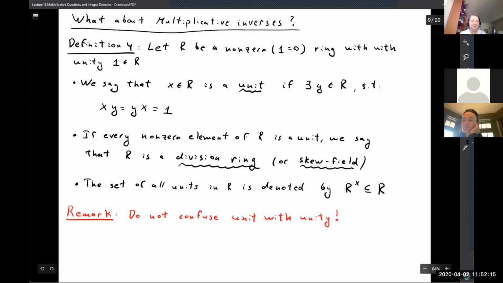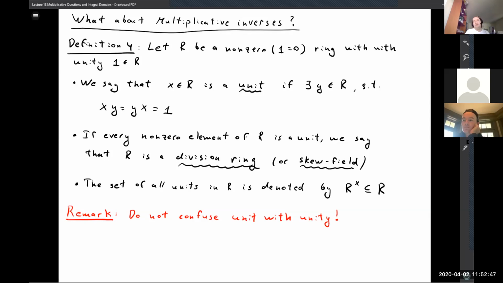I cannot say that I always pronounce it correctly myself. It is quite misleading that they sound really similar, unit and unity. Unity is the unique element which, when multiplied by every element x, gives back this element x. However, a unit is just an element which has a multiplicative inverse. So please keep that in mind.